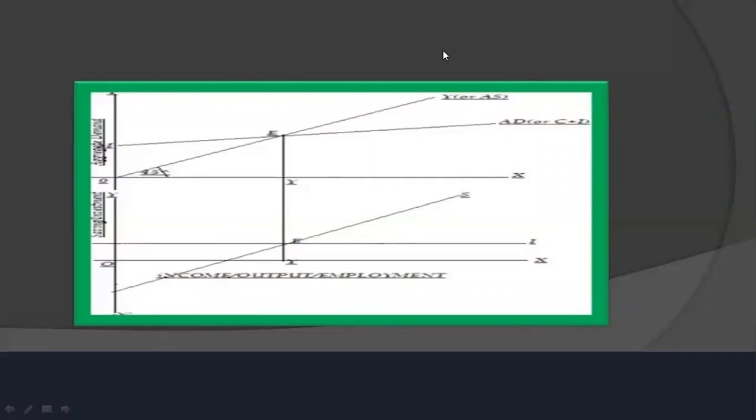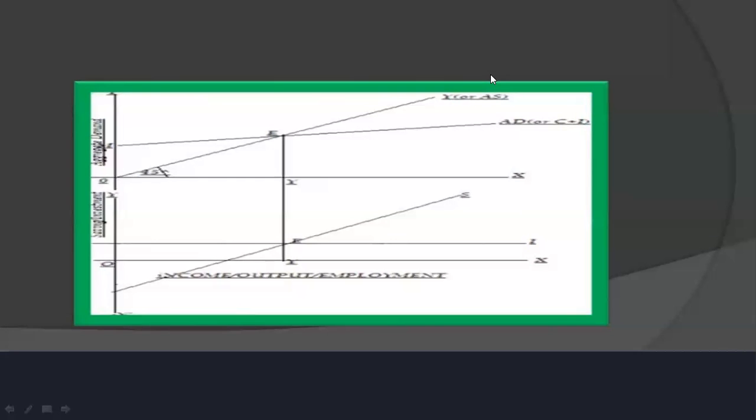You can see that according to this approach, the equilibrium level of income is determined at the level where the planned saving equals the planned investment. According to this figure, the investment curve I is parallel to the x-axis because of the autonomous character of investment. The saving curve slopes upward, showing that as income rises, saving also rises.